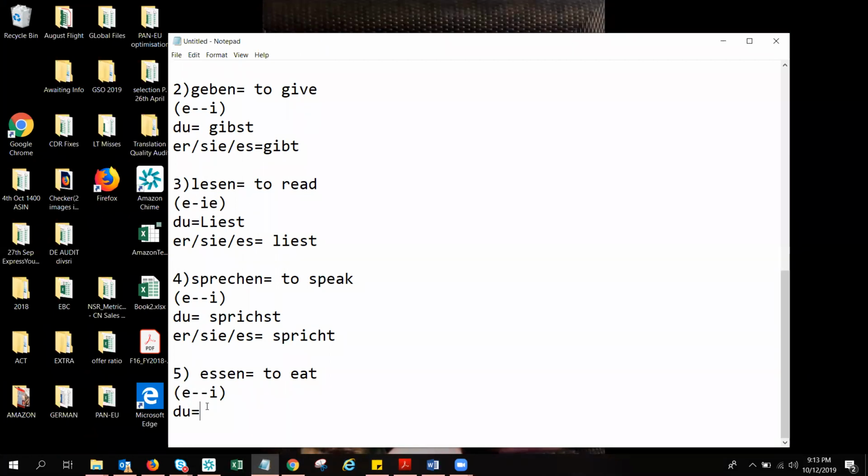So this will be i double s t. So this is also taking two rules. If in case double s is there, the ending with du will be t, and e will become i. Okay, so du isst, and same with er/sie/es, e will become i, double s, and the ending is t, as in isst.